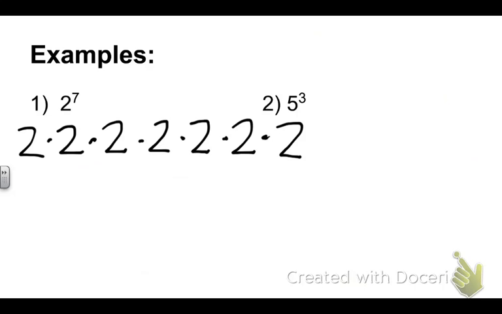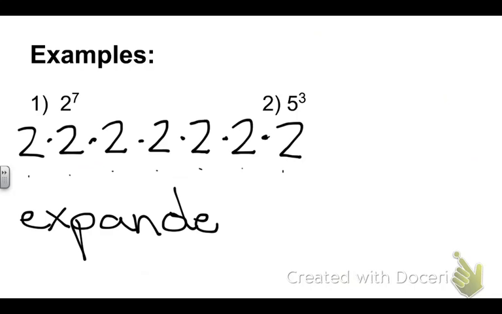If you look, I've got 1, 2, 3, 4, 5, 6, 7. I've taken that main factor 2 and I've multiplied it by itself 7 times. That's what it means. This form is actually called expanded form.